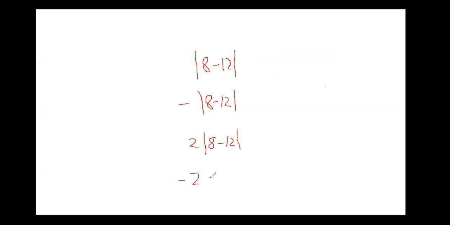And we're going to do times negative 2. Okay, so right here we have 8 minus 12, and we have 8 minus 12 with a negative sign. And then we have 2 times the absolute value of 8 minus 12. And then we have 8 minus 12 times negative 2.